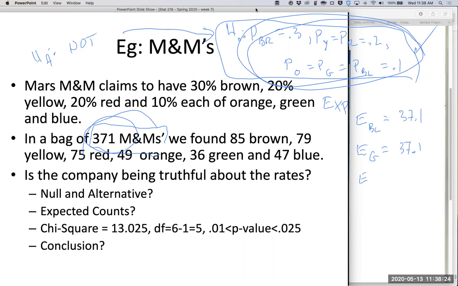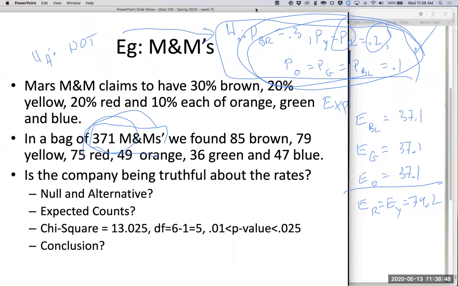The expected number of orange is 37.1. The expected number of red equals the expected number of yellow equals 74.2, because it's 20% of 371 for each.